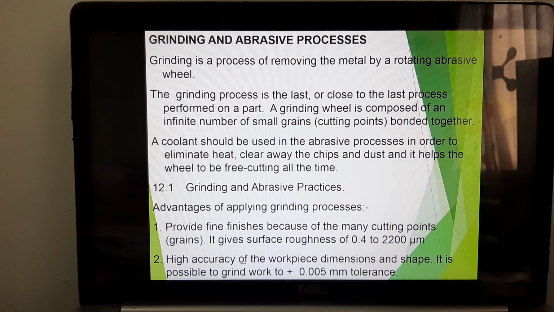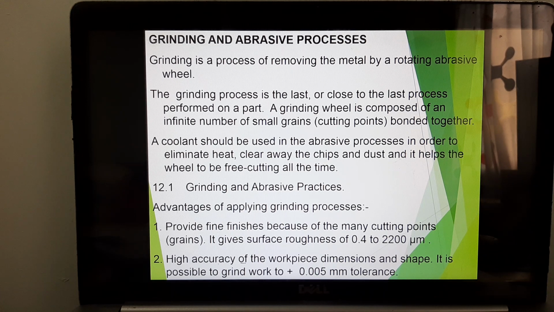Just like machining process, grinding and abrasive process requires a lot of work. It requires grinding the surface of the material. When you grind the surface of a material or a product, material is removed. When material is removed, there is frictional force between the grinding wheel and the material being cut.